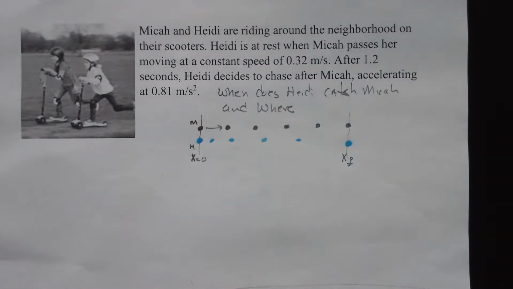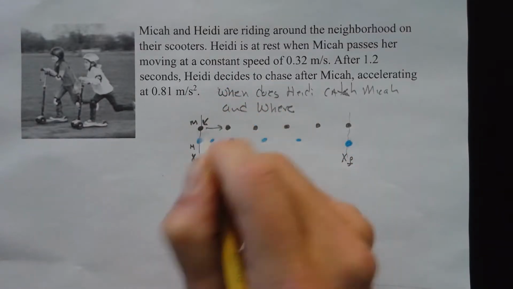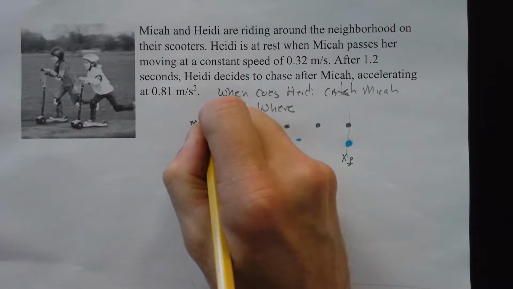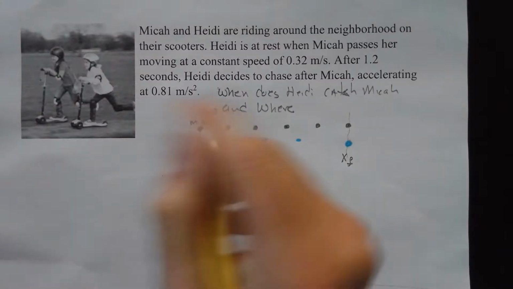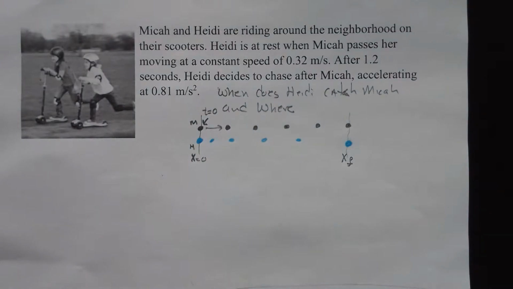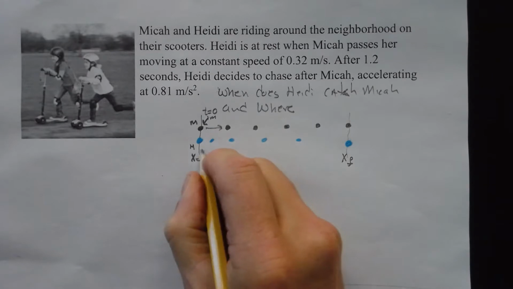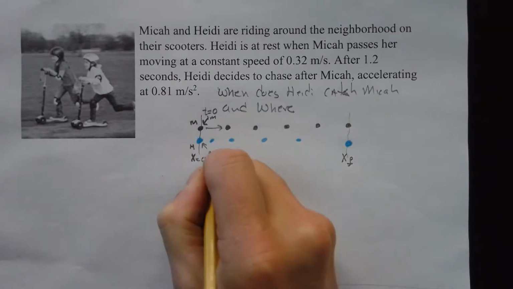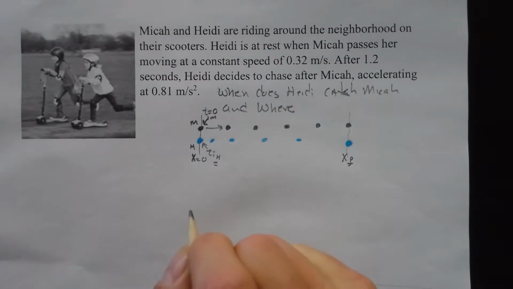Everybody's right there. What's different is that this dot for Micah is time equals 0, so I might call that time initial for Micah. However, time initial for Heidi is not at that same time.